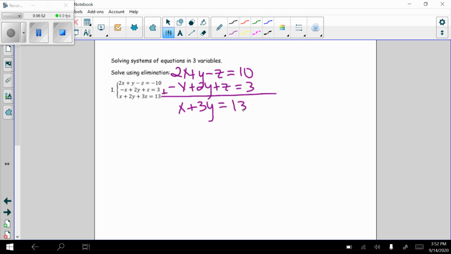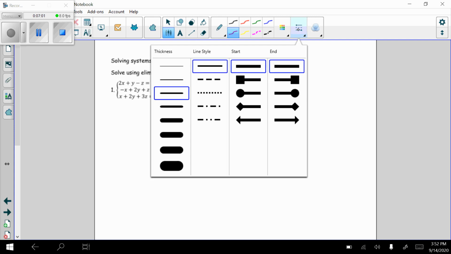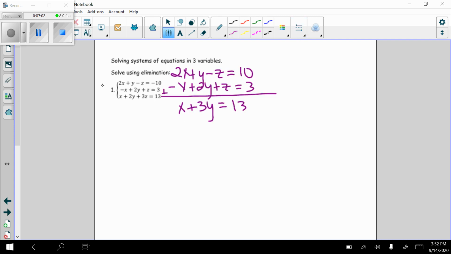Now I need to take 2 other equations and eliminate a z. So I can either take the top and bottom or the second and the third. Either way, I'm going to have to multiply one of them by something. So if I take the top equation, I can multiply it by 3. So I'm going to take 2x plus y minus z equals 10 and multiply it by 3.